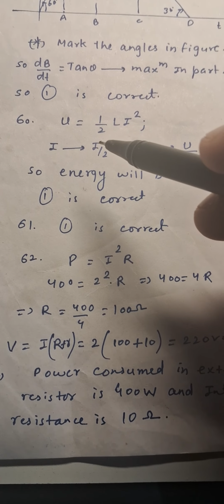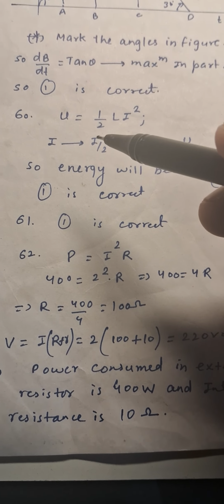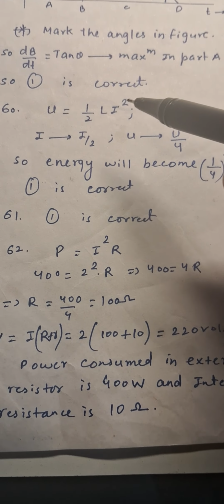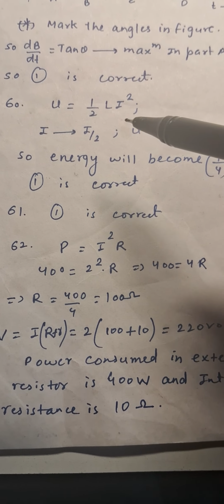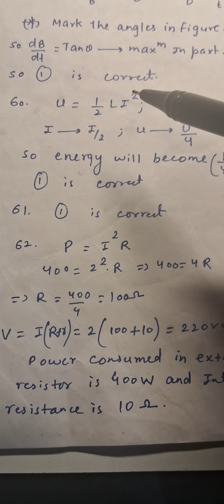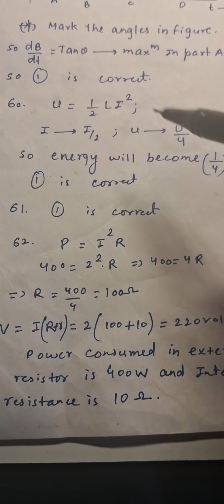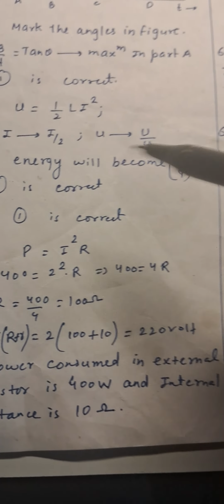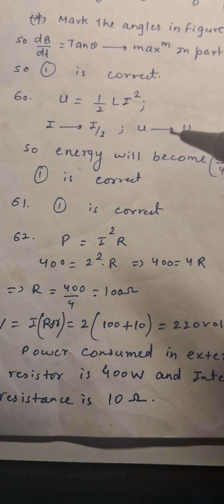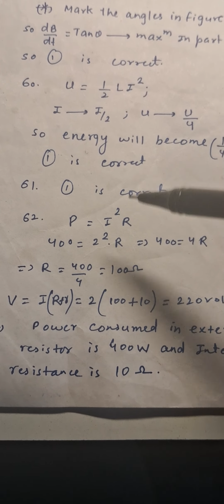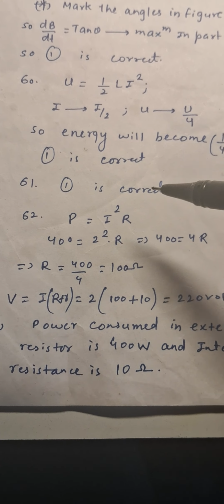Now the question is, if we make the current half, that is I becomes I by 2, then since there is a square term, the potential energy will be I by 2 whole square, that is 1 by 4. So the potential energy will reduce to 1 by 4th. So option 1 is correct over here.